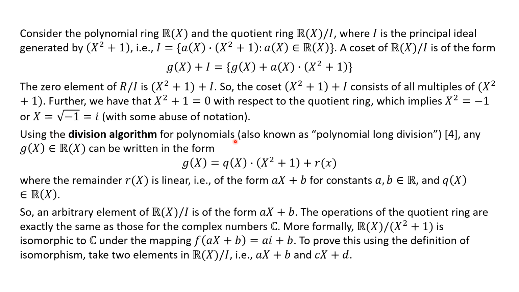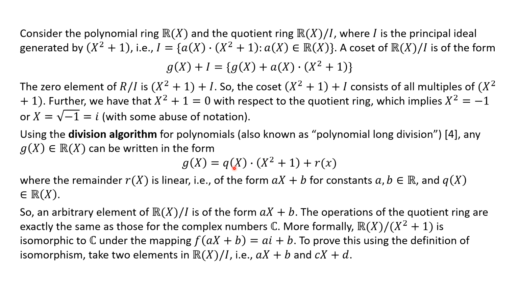Using the division algorithm for polynomials, and I'll give you a link to this. You may have seen it in high school algebra where you take one polynomial and divide it into another. It looks very similar to long division for just numbers. So if we use this here and we take any g(x) from our ring R[x], we can write it in this form here. Basically, you take the multiples of x squared plus 1 and multiply that times some q(x), and then there's some remainder.